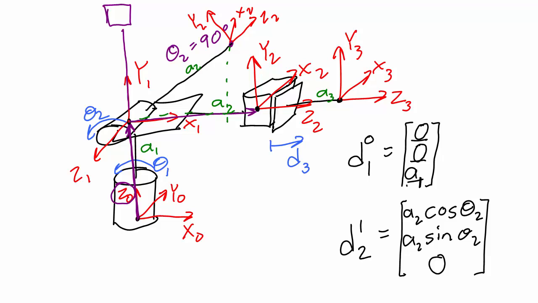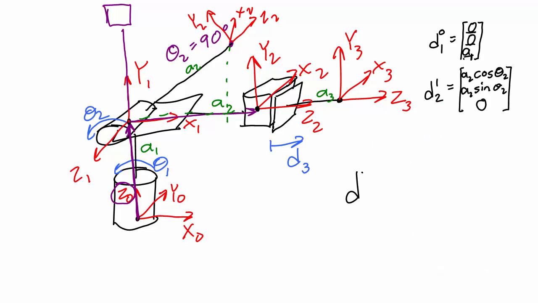Let's find the displacement vector from frame 2 to frame 3. The displacement from frame 2 to frame 3 is right here. Right now, the displacement between frame 2 and frame 3 is entirely in the z direction, that is, the z2 direction. Will that be true no matter what value we have for the joint variable d3?